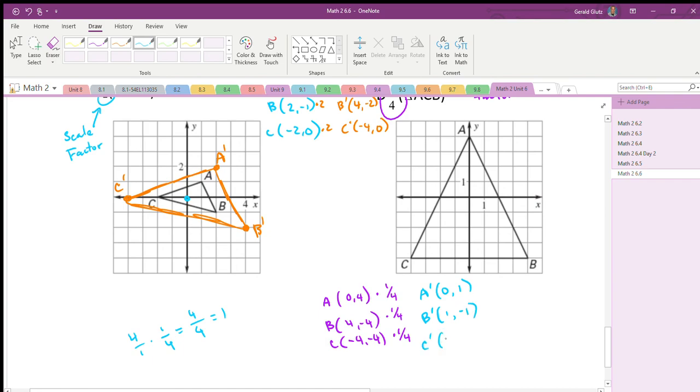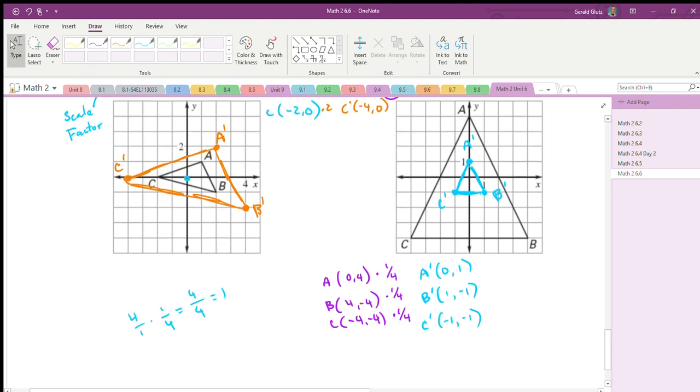And then C prime, -4 times 1/4 is -1, -1. So 0, 1, 1, -1, and -1, -1 would be our new points. So this is going to be A prime, B prime, and C prime. Good shape.